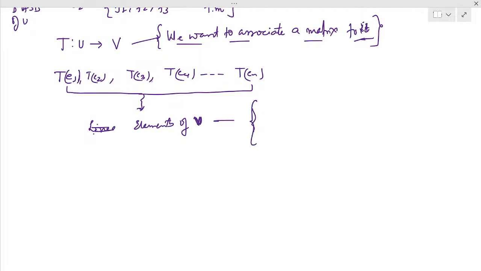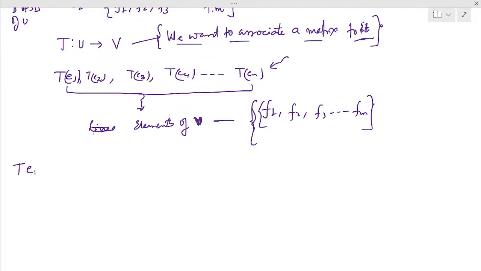If e1, e2, e3, ..., en are elements in U, then Te1, Te2, Te3, ..., Ten are elements in V, right? And you know that the ordered basis of V is F1, F2, F3, ..., Fm. What does it imply?